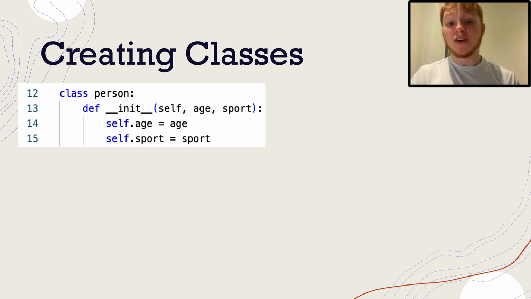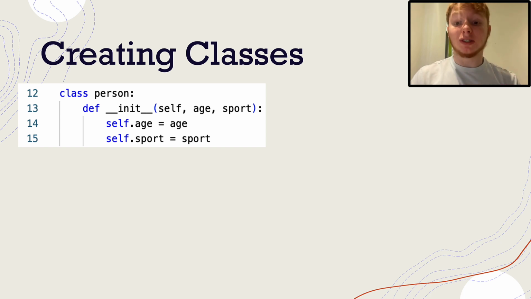So we receive the variables age and sport. We will also place self in there for the object. So when we use self.age or self.sport, it will map to what object we are currently using. So we can then set these attributes by using self.age equals age and self.sport equals sport. And now every object will have two attributes associated to it.